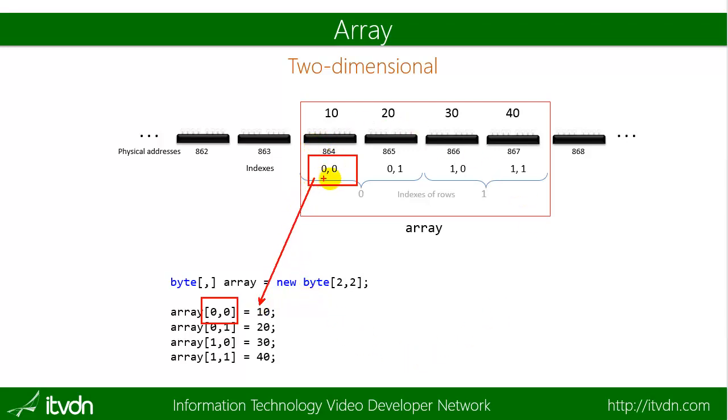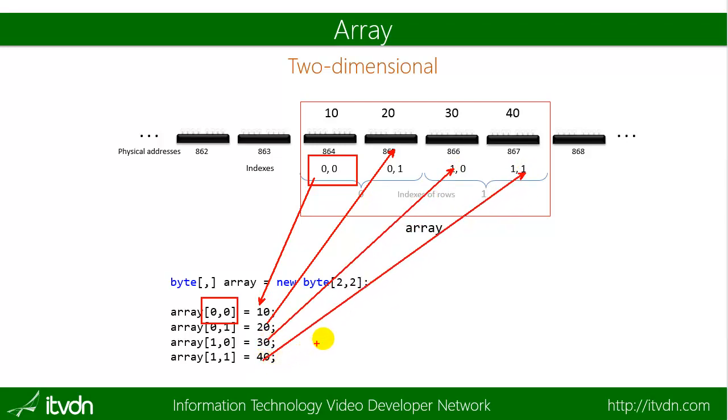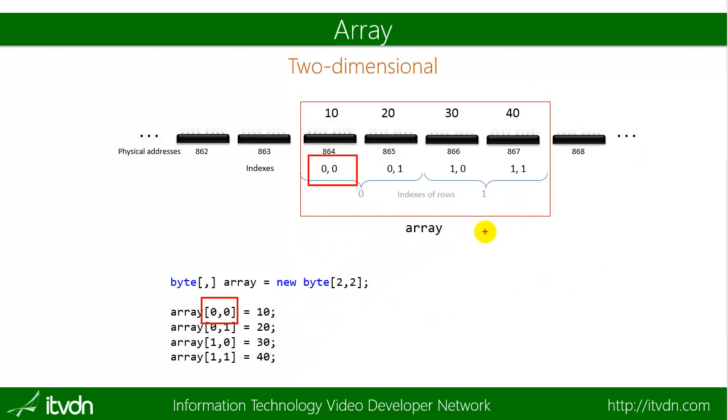So this element has been assigned a value of 10. This element has been assigned a value of 20. And this element has been assigned a value of 30. And this element has been assigned a value of 40. So you can see how this works.